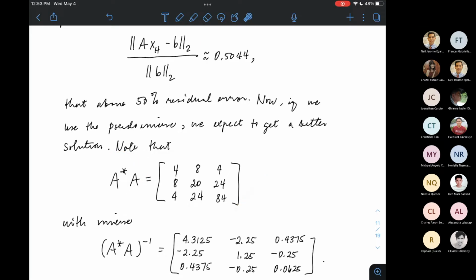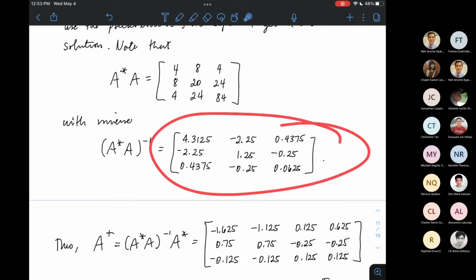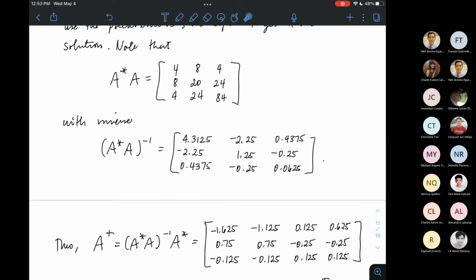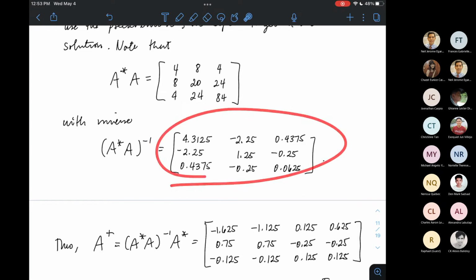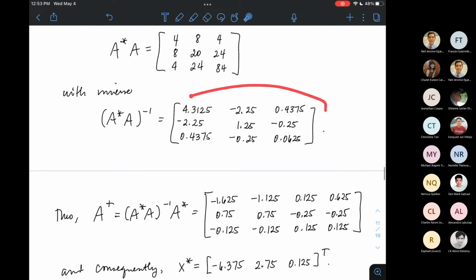Ito yung nakuha ko. Alright, na matrix. Tapos, this one is invertible. Okay? Kasi yung determinant nito ay non-zero. So, siya ay invertible. Ang inverse niya ay actually ito. Pinakompute ko yan kay MATLAB. Pero exact naman ito kasi luckily, rational pa rin naman yung entries ng inverse na to. Tapos, computing ko yung pseudo-inverse dahil ito ay invertible.